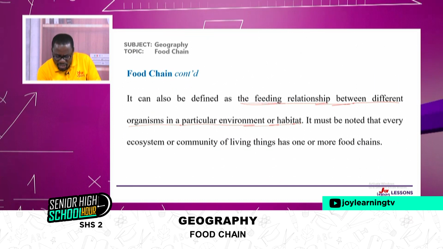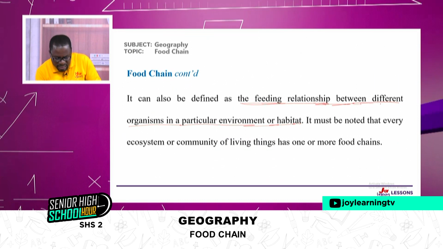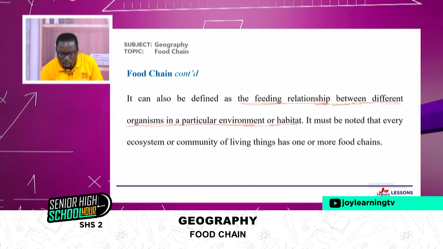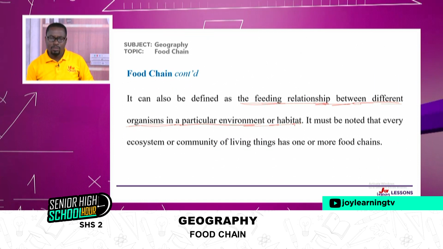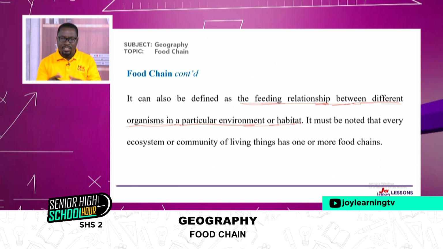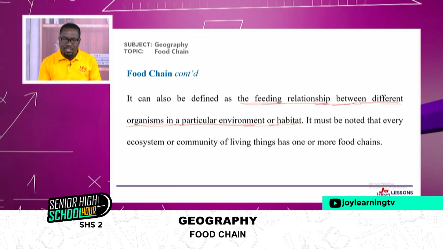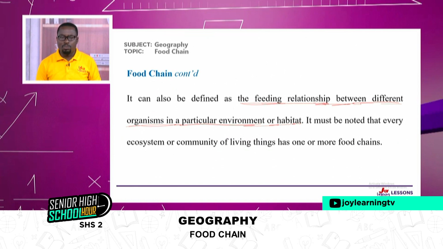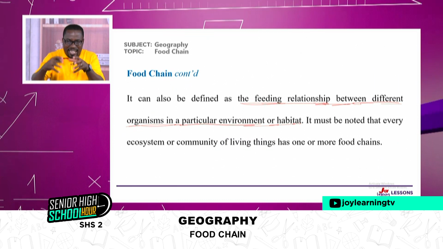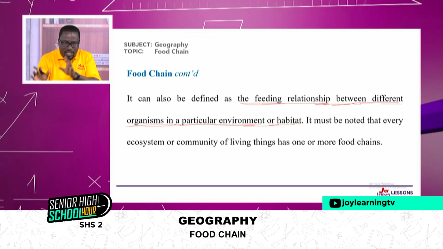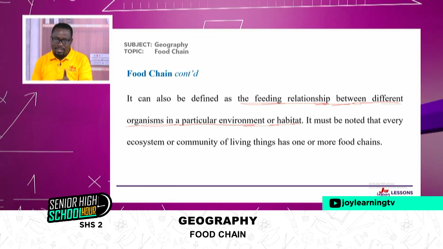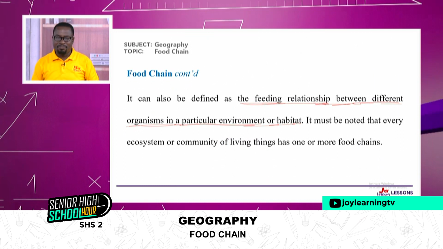The organisms are different, yet they feed. And on what do they feed? That one we'll get to know. The feeding relationship that exists between different organisms in a particular environment. That is also food chain.